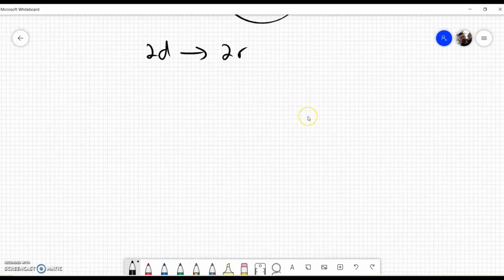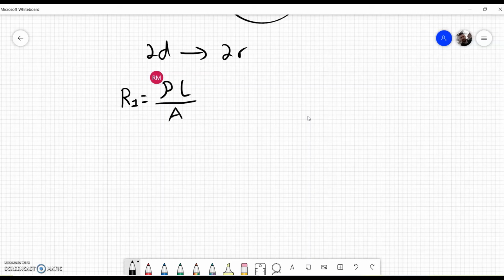So I'm going to use this idea to work out mathematically just using a little bit of algebra. So here I'm going to use R1 is equal to the resistivity of this wire times the length that I'm choosing divided by area, so area 1. So this is like my first sample of the wire. Now in this case, all these letters have specific values.